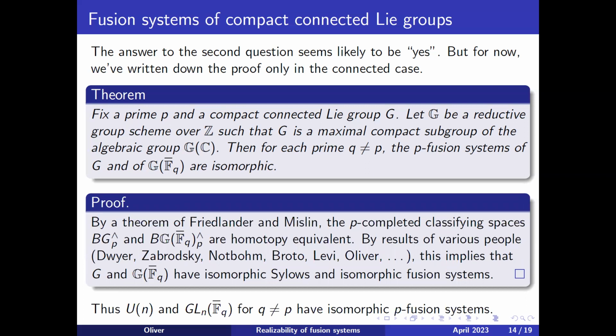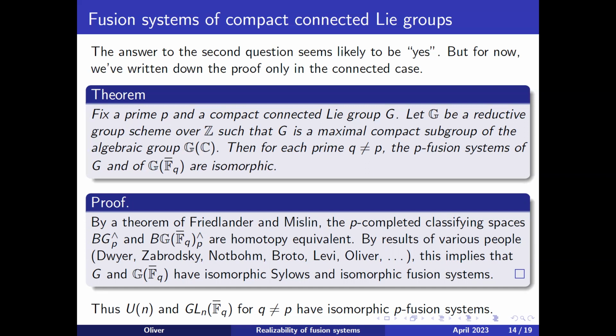Okay, just getting technical here, G is a reductive group scheme over Z. Well, a group scheme is basically a functor from commutative rings to groups that satisfies certain conditions, but in particular, it sends algebraically closed fields to algebraic groups over those fields.